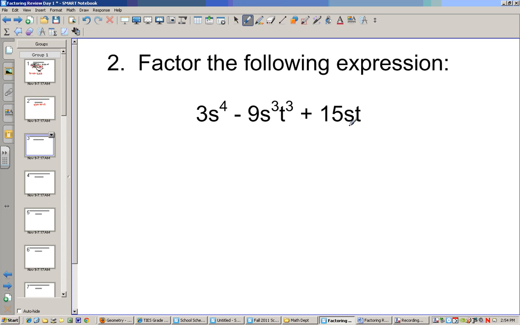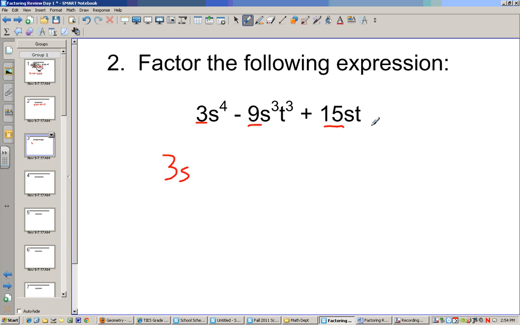Now in this one, let's look at the numbers 3, 9, and 15. What's the biggest factor that can come out of each of them? Hopefully you're all screaming 3. 3 is correct. And now we look at our s's. There's 4 s's, 2 s's, and now 1 s. So 1 is the largest I can take out of all of them.